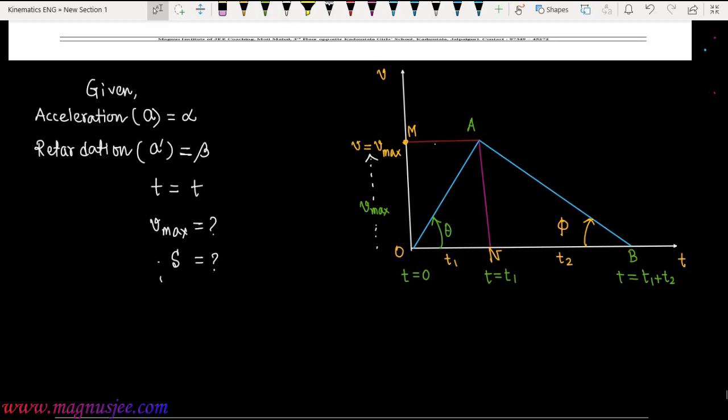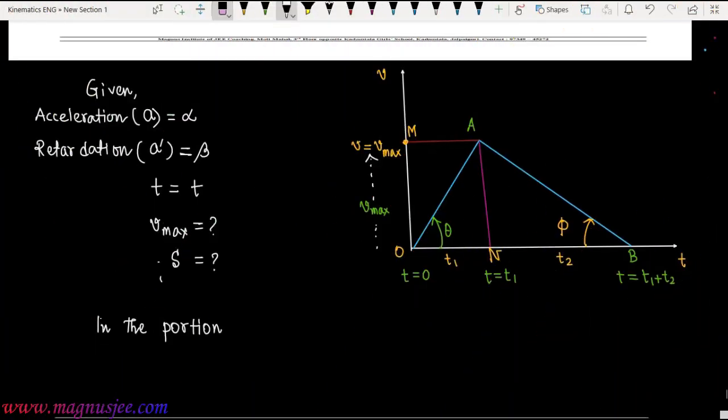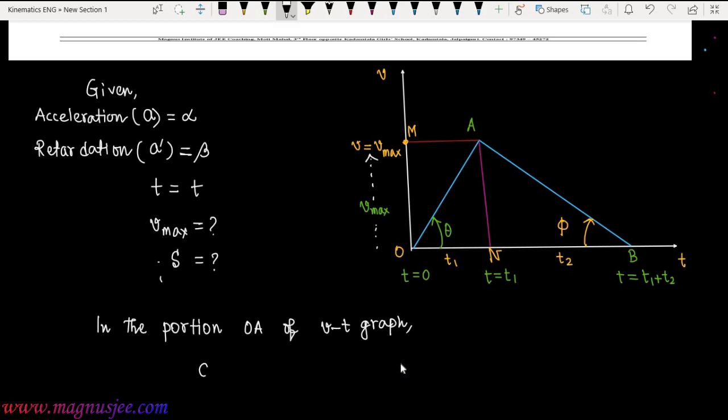In the portion OA of the velocity time graph, a equals tan theta. In the portion OA of the Vt graph, the acceleration of the car is a, which is tan theta, because we know that acceleration is equivalent to slope and slope is tan theta.